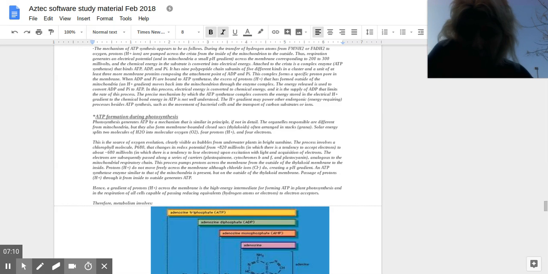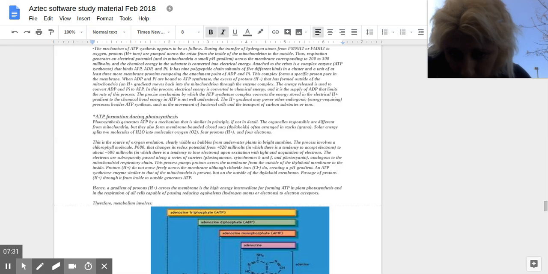The process involves a chlorophyll molecule that changes its reductive potential from positive 820 millivolts, in which there's a tendency to accept electrons, to about minus 680 millivolts, in which there's a tendency to lose electrons.